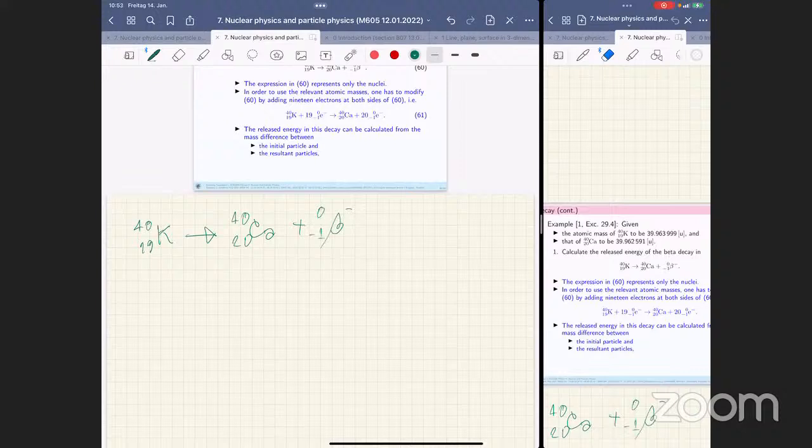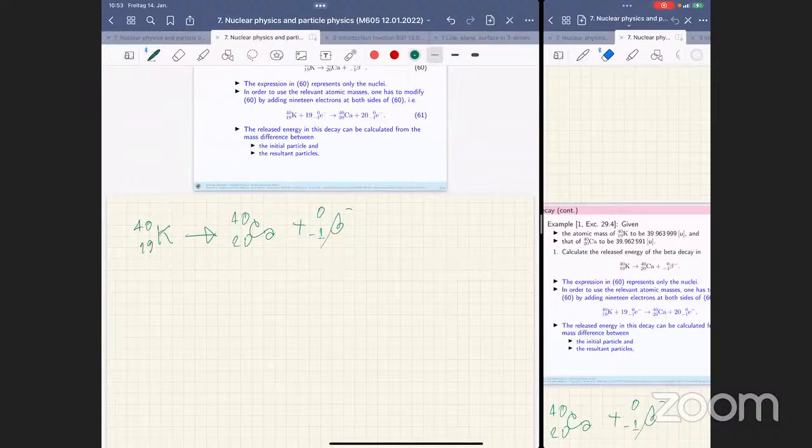Because the emerging electron needs to have the negative charge. It's an electron, which together with speed we call a beta particle.